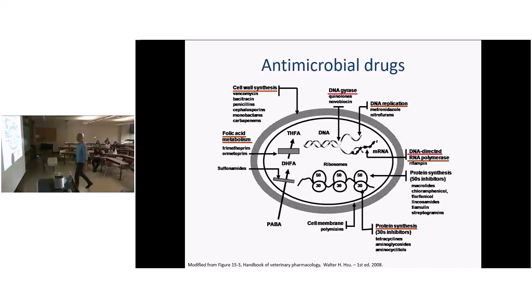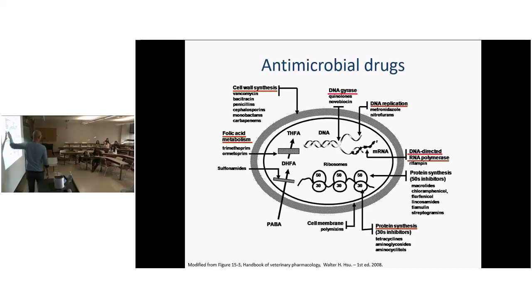And that's why some of these, especially these ones here, tend to be what we call broad spectrum, because they tend to act on something that is very core to the life of any bacteria, DNA and RNA replication. Some of the other ones are going to be more specific to certain types of bacteria.